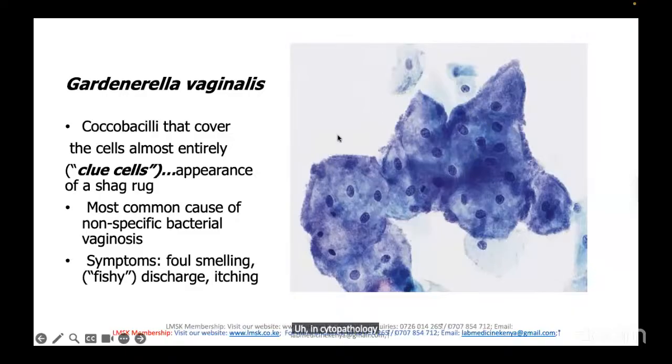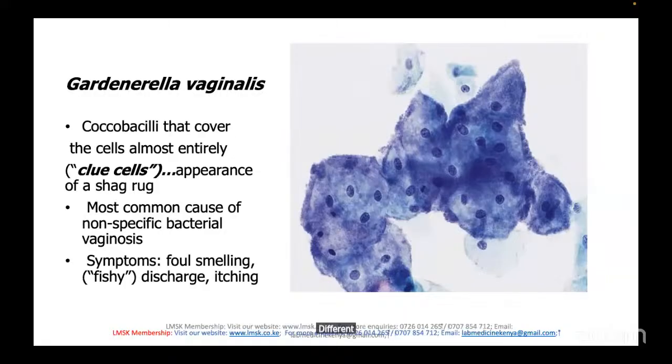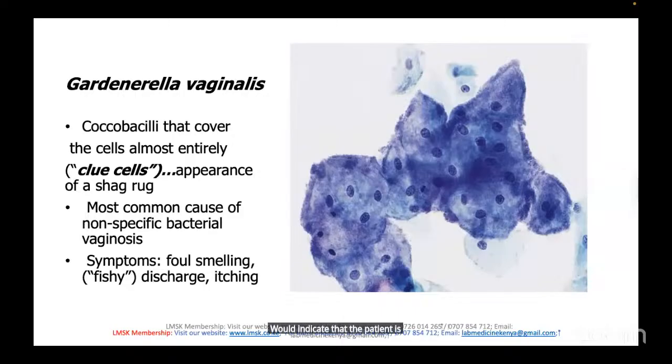This is how beautiful these clue cells look under the microscope. It's beautiful because we are seeing different colorations, but it is a problem to a patient. So the presence of clue cells would indicate that the patient has bacterial vaginosis.